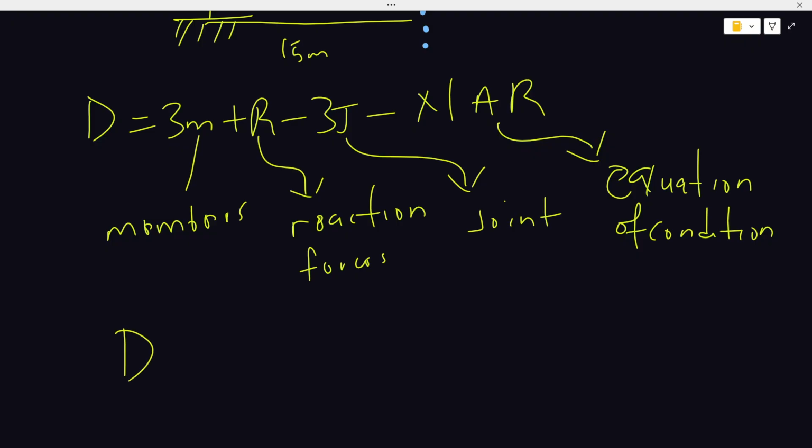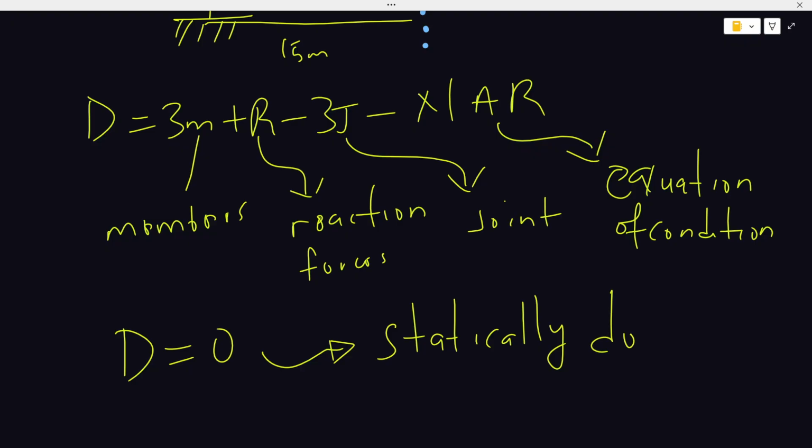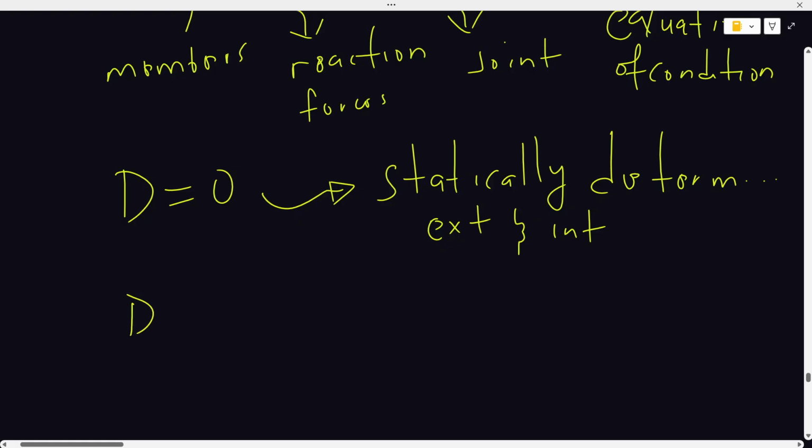Now, if D is equal to 0, it means that your frame is statically determinate externally and internally. That is, we can find and compute the bending moment, the shear forces, the axial loads, and the support reactions. If D is less than 0, it is unstable.